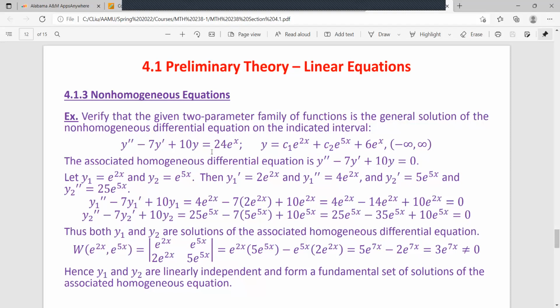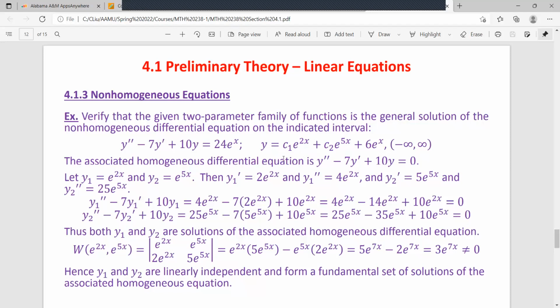So we need to find the general solution to the associated homogeneous differential equation. And we also need to find one particular solution to the original non-homogeneous equation. And the solution is actually given in this problem. We just need to verify it.